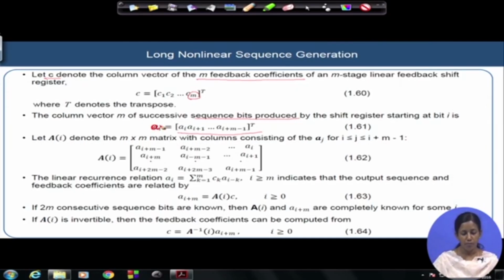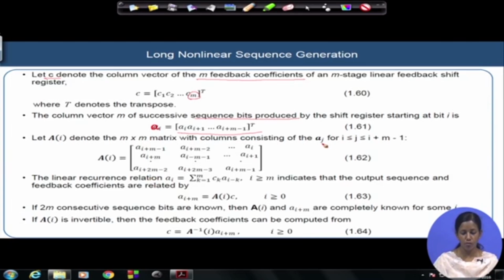And now, let us understand that capital A_i is an m cross m matrix, where every column consists of a vector a_j, where a_j is looking like this. Its transpose means it is written in a column format.